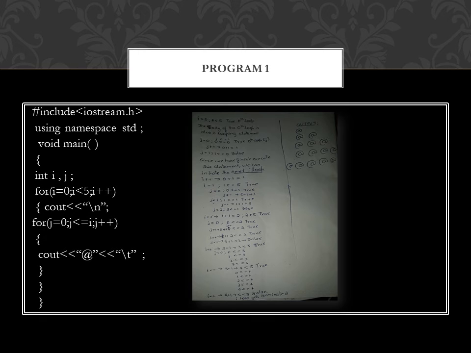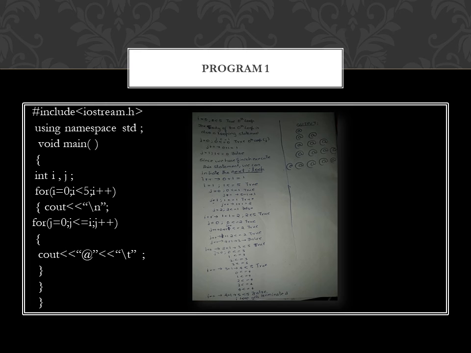Now it will initiate i to go for the next loop, i plus plus, which is 2 plus 1 equals 3. 3 less than 5 is true, and we go for the j loop, 0 less than or equal to 3, the condition is true and the at symbol is printed. Again, after j is incremented to 1, we check the condition 1 less than or equal to 3, the condition is true, and it gets printed again like that. 4 at symbols are printed, and the j loop gets terminated.